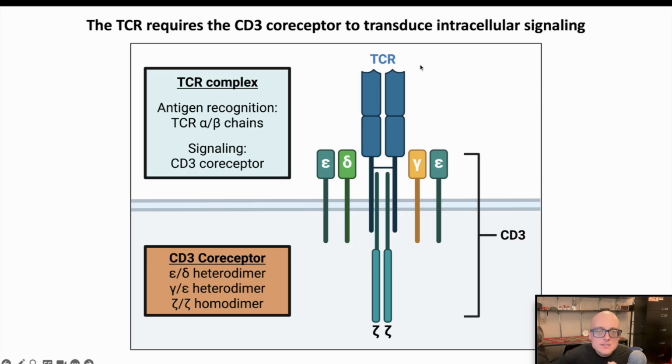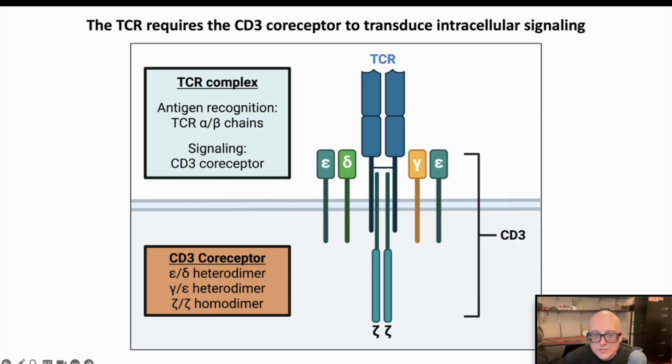The TCR itself, the alpha and the beta chains, they do have cytoplasmic tails, but they themselves have no intrinsic ability to signal. They're very short, and their main function is simply to anchor the TCR into the membrane. We need these various chains of the CD3 co-receptor in order to actually interact with various types of enzymes and other signaling molecules in the cytoplasm for any kind of intracellular signaling to occur.